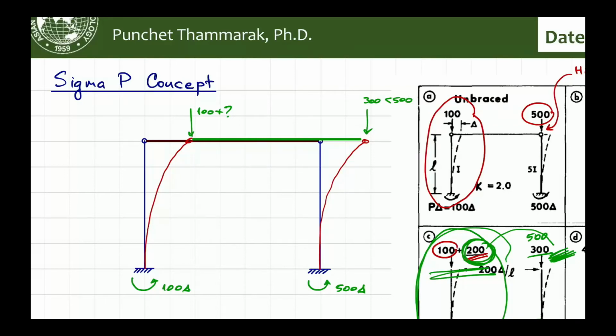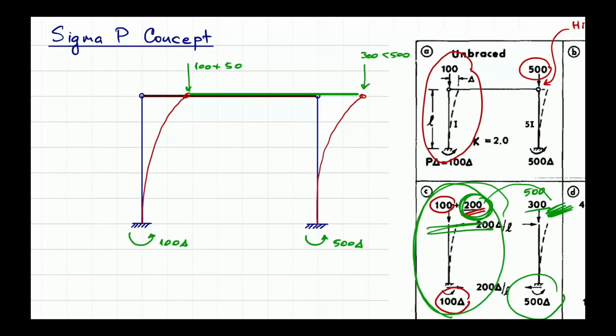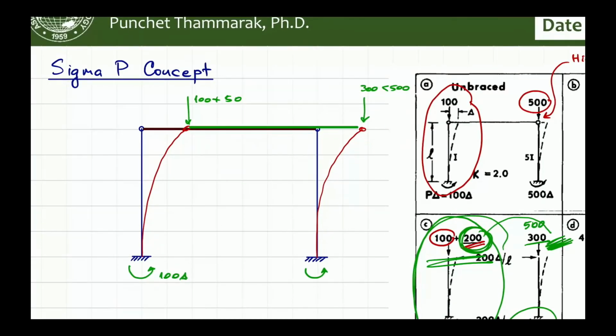So if you have 100 plus 50, then the resistance back here will be 350 delta. Alright, so this is going to work as long as this part here is less than the margin 200, which is the leftover from this point.